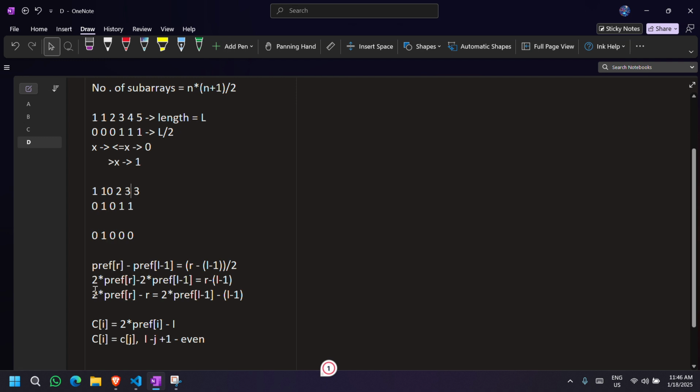If you are working on currently element x, for example here x is equal to 3, then you take only those subarrays which contain 3. So for example, you can't take any subarray from here.